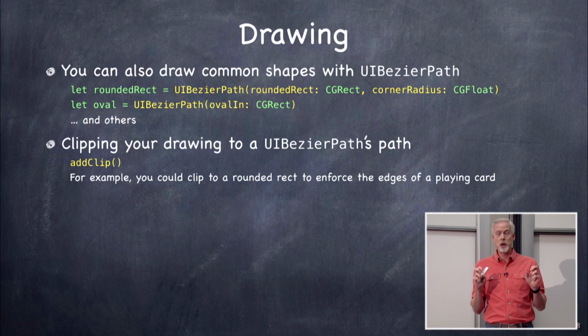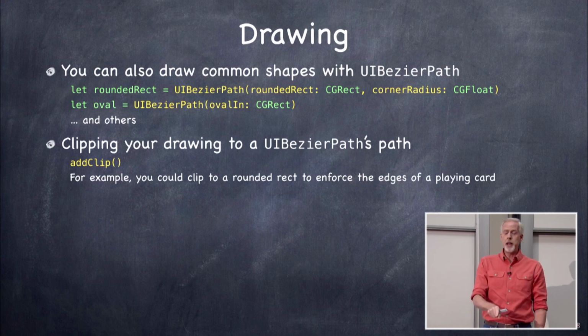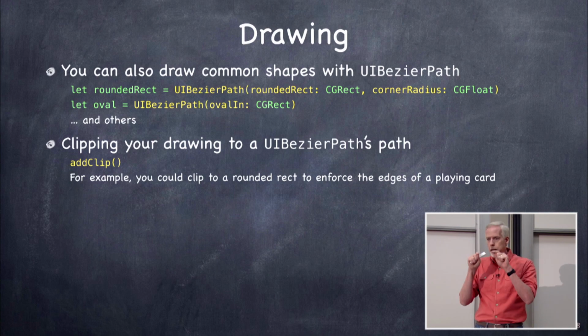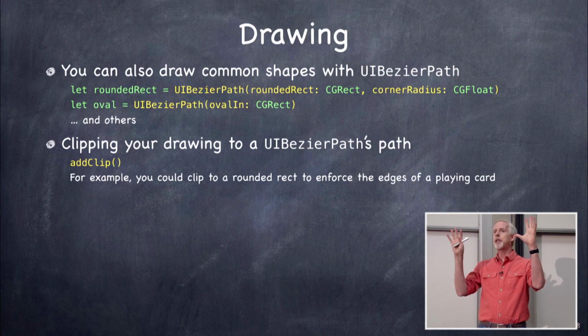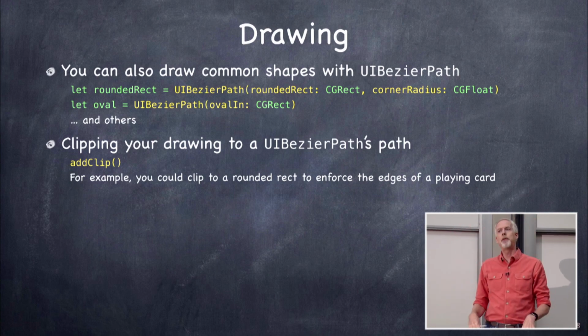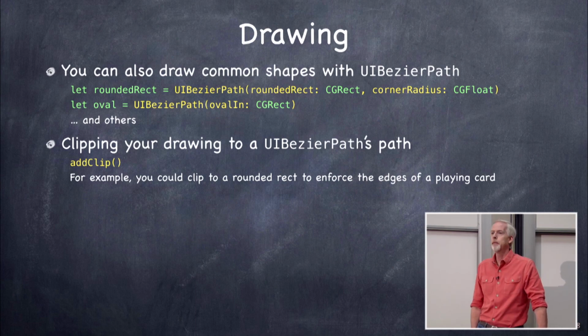You'll definitely want this for your homework. Pay attention here, okay? So what that means is you draw some shape like your triangle, and if you send addClip to your path, now all future drawing will be inside that triangle. Even if you draw outside, anything outside gets clipped off, okay? So that can be really convenient for your homework. That's my hint for you, okay?